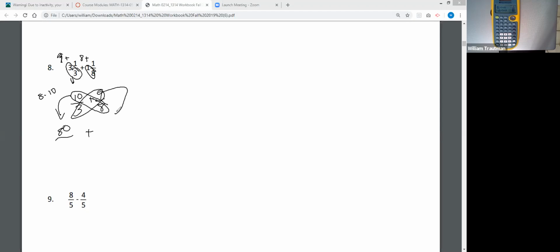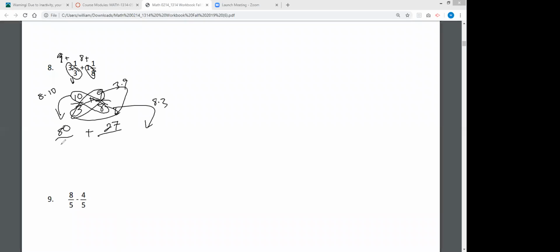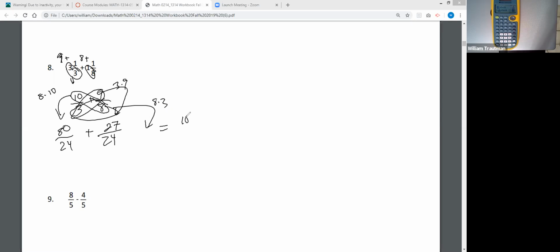Multiply these two together, and I get 3 times 9 is 27. And then multiply the bottoms together, and I get 24. When I add those together, I get 107 on top, and the bottom stays the same. That's what I get. If they wanted a mixed number, then you can put the mixed number in.